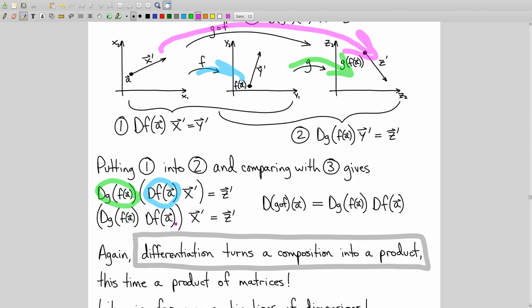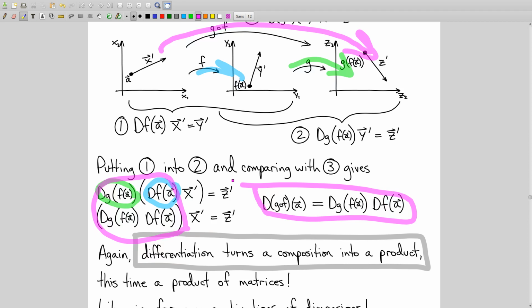That's morally the same as multiplying by the product of those two factors. And so again, you get a now different notation, sure, right? But the derivative of a composition is a product of the individual derivatives, just like in single variable. They're matrices now instead of scalars. That's the only difference. Everybody buy it? Does it seem kind of reasonable?